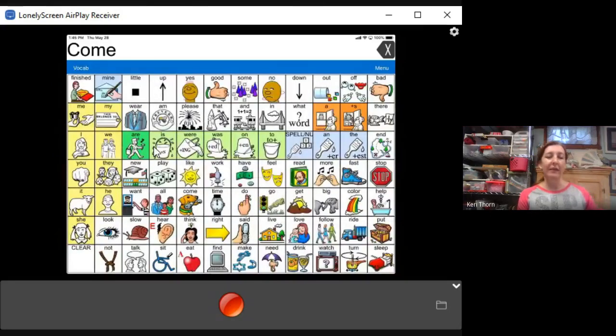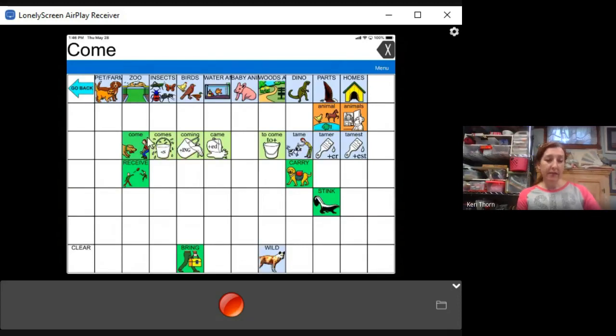So again, if we go to the next level, which is full, the page looks exactly the same as all the other ones did. So now you're just adding more vocabulary to it. Nothing's changed for the location. So if I hit come again, come is still in that same location, but now we've added some other things here too. We've also added more animals. We've added grammatical markers for the verb come.